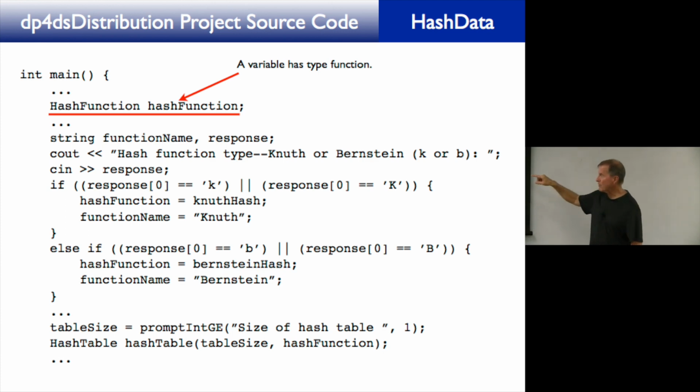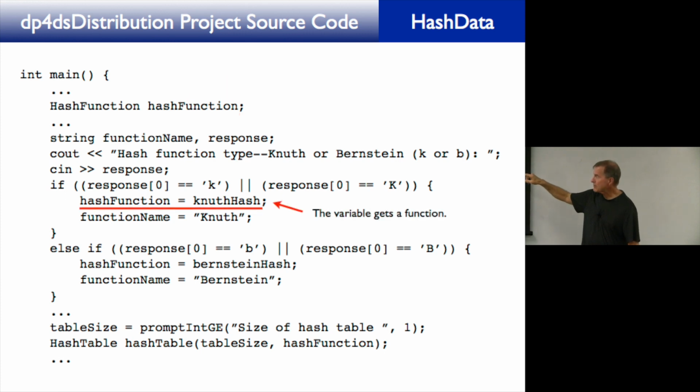Now look. Down here, remember it prompts us for the hash function type? So we have a string, function name, which is the response. If the first letter of the response is lowercase k or uppercase K, what does it do? Hash function gets Knuth hash. So here the variable gets the function.